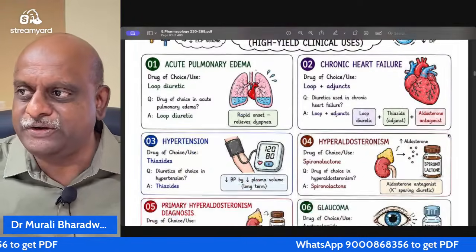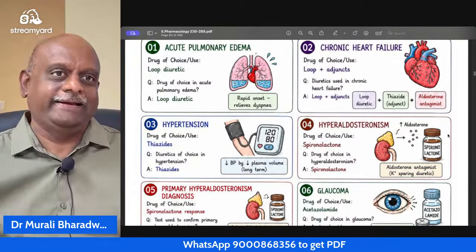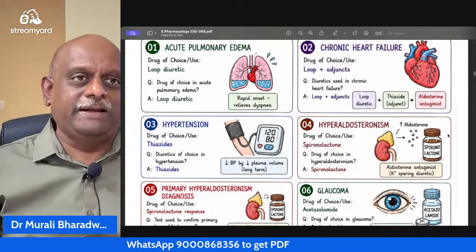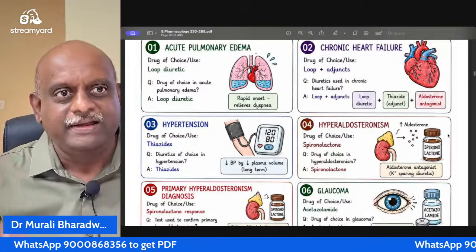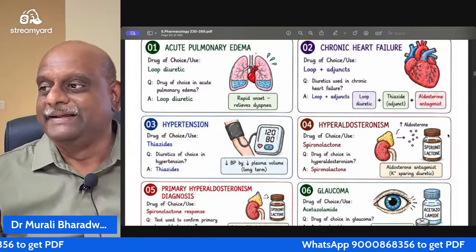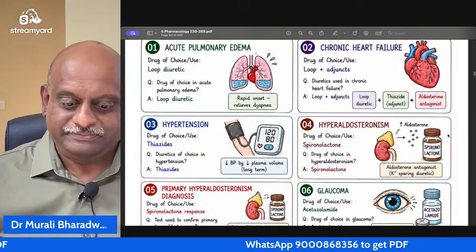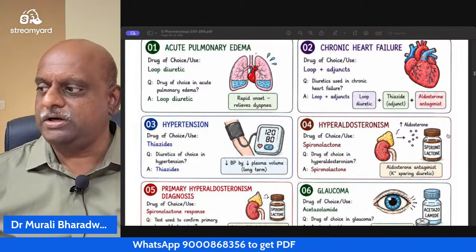Actually, that's very easy to remember. Today, AI makes it easy to build cartoons to make the students remember instead of PowerPoint slides and all that stupid stuff, right? Animation. So every drug has a specialty, doctor.